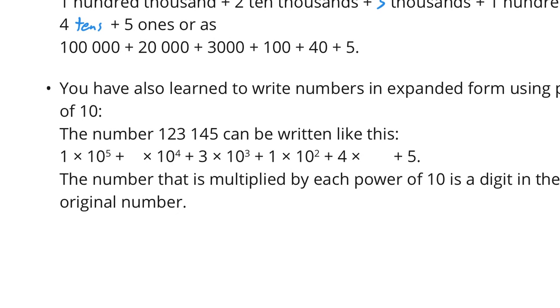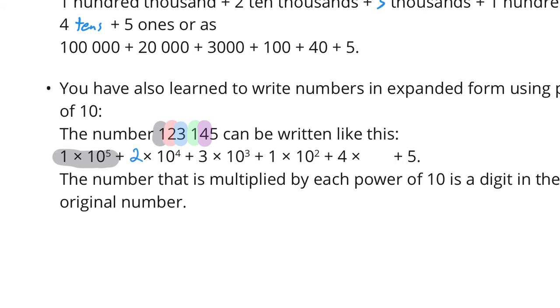So again, we take the number 123,145, and I'm just going to highlight some of these. So let's do this one in black, this one in red, let's do this one in blue. We'll take green here, and we'll take purple here. Okay, so here we can see this part here, 1 times 10 to the power of 5, that represents 100,000. Next, we should have 2 10,000s.